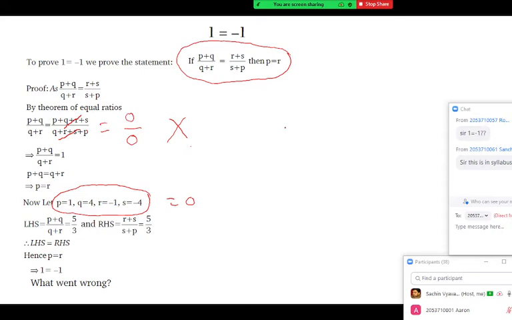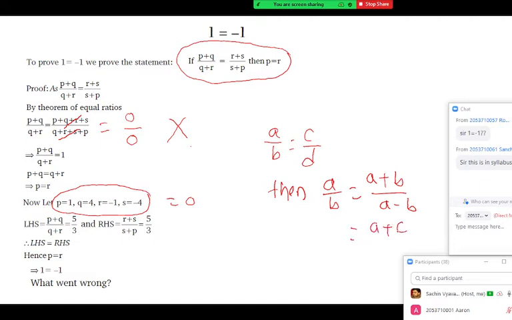In the theorem of equal ratio, suppose A upon B is equal to C upon D, then A upon B is equal to (A plus B) upon (A minus B), and is also equal to (A plus C) upon (B plus D).